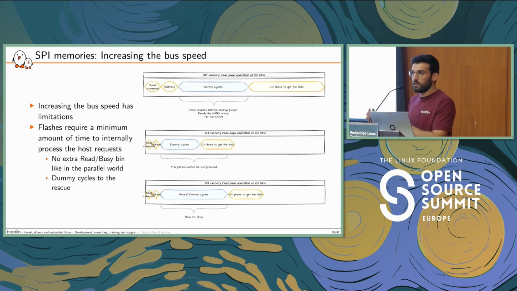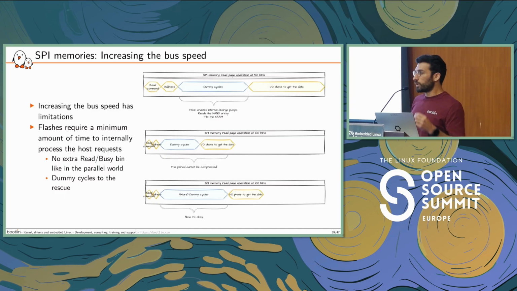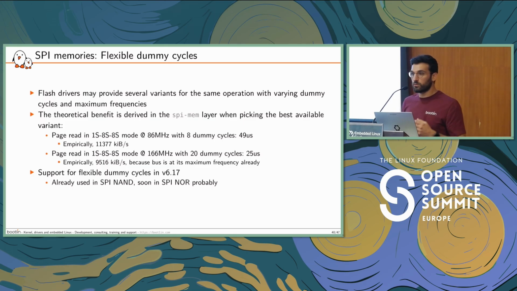So the solution for that in the SPI memory world will be to add additional dummy cycles, which means we need to support several flavors of the same command. And that's now possible with this feature, flexible dummy cycles. So every vendor, either SPI NOR or SPI NAND vendor, may provide several identical read operations with different maximum speeds and hence a different number of dummy cycles.